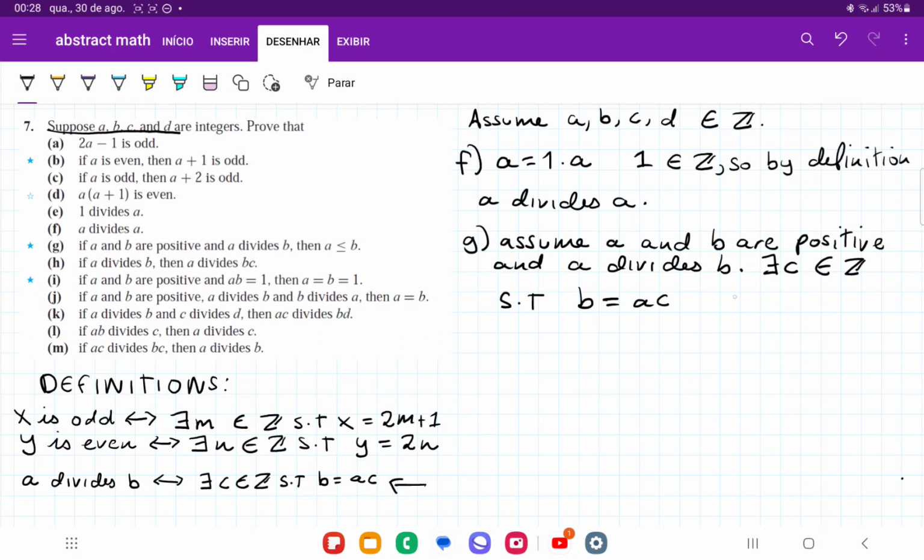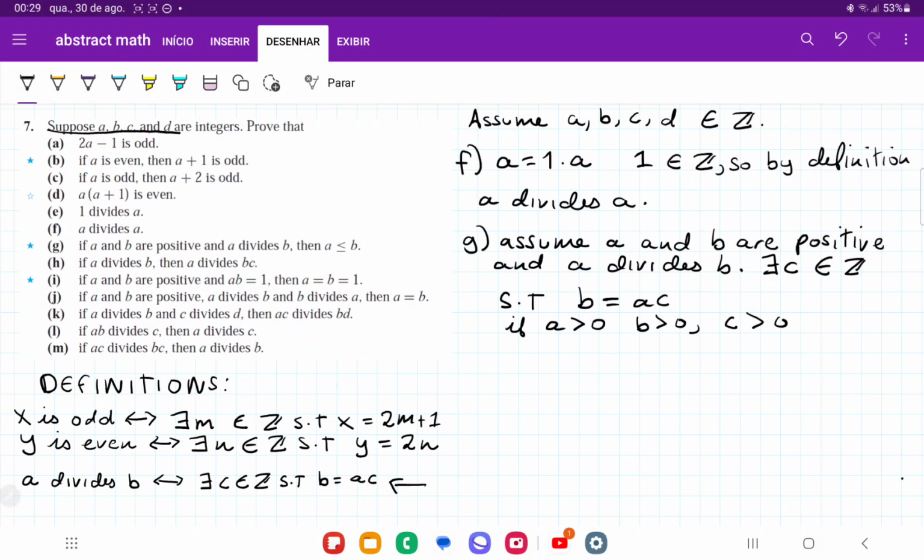And so we know that if A is greater than 0 and B is greater than 0, C is greater than 0. That's the only way that it could work out, right? If left-hand side is positive and A is positive, it must mean that C is also positive.